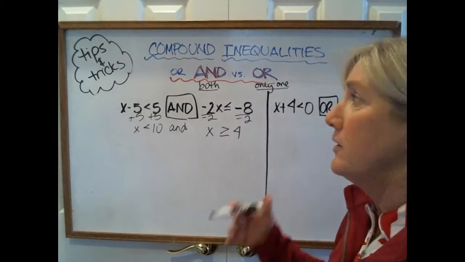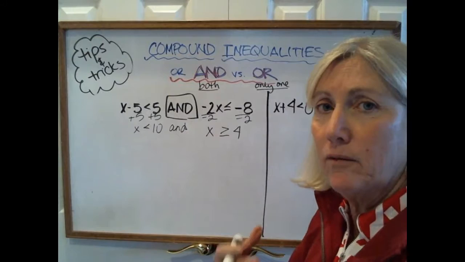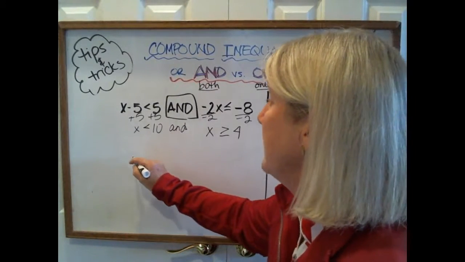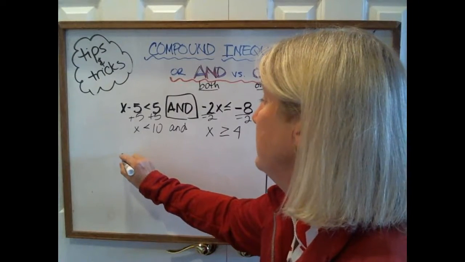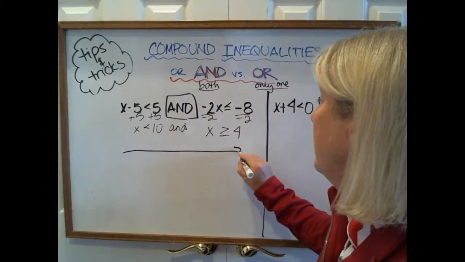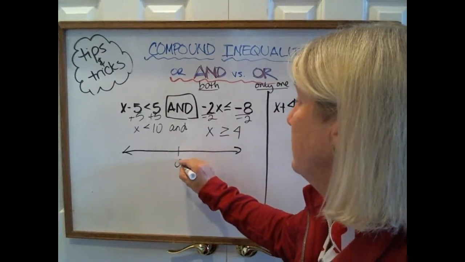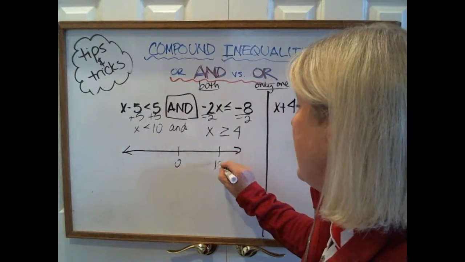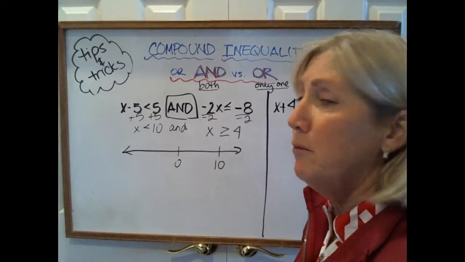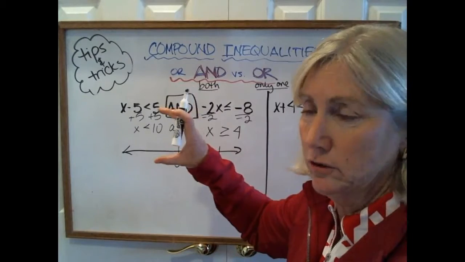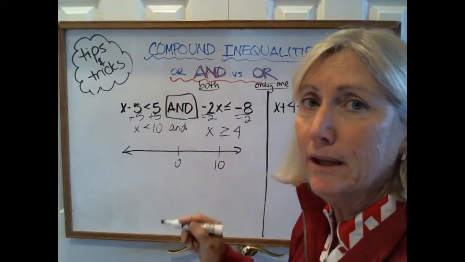And the way we like to write our answers is to use interval notation. So what I like to do first is put it on a number line so I can sort of see what's happening. I start with x is less than 10. So there's 0, and I'm going to put 10 up here. Now when we're using interval notation, a parenthesis means not equal to, and a hard bracket means or equal to.